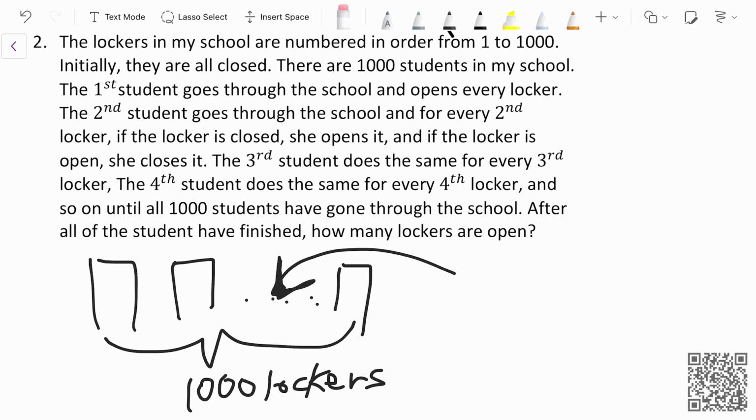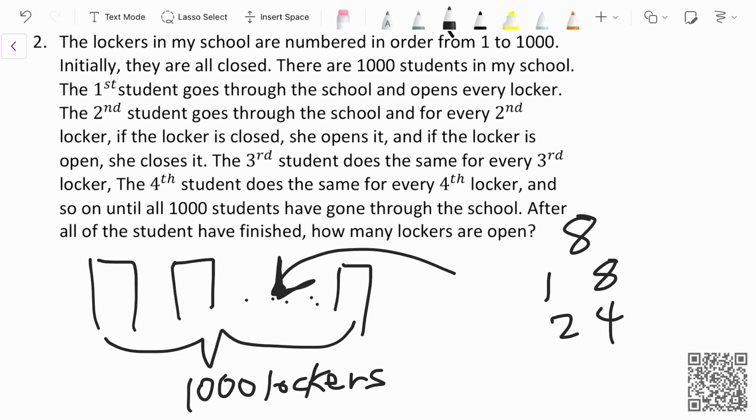Taking that idea, you know that a number's factors come in pairs. Let's use 8 again. 8 has the factors 1 and 8, which come as a pair, and also 2 and 4, which also come as a pair. So there is an even number of factors that 8 has because they come in pairs.